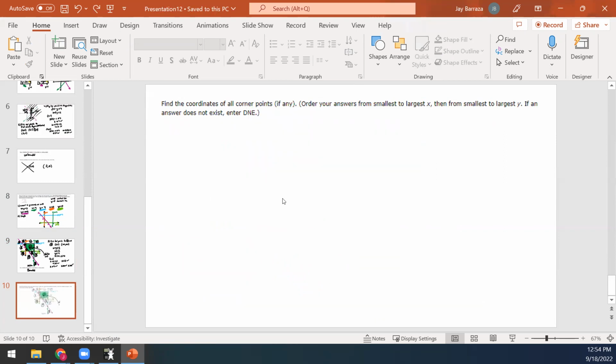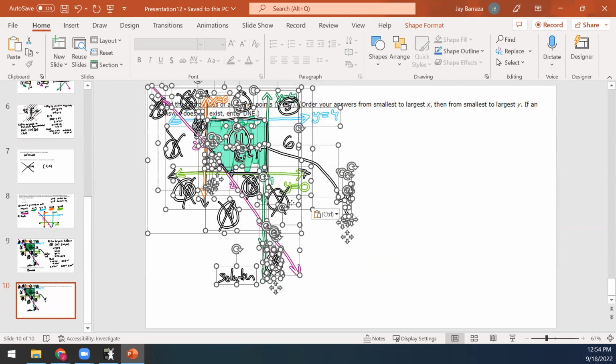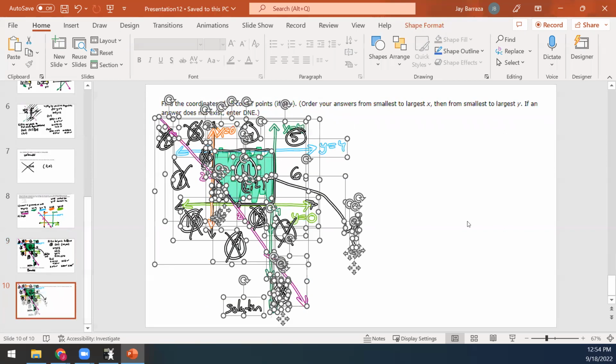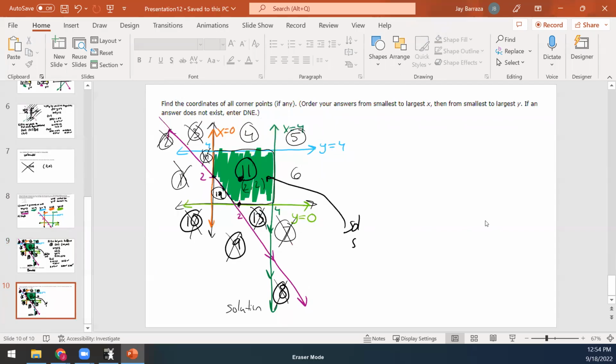Actually, I don't want it as a picture because I want to erase some things. Okay, so here's our graph. I'm going to erase a bunch of things that we don't need. We do need that y equals 0. We don't need all the numbering.